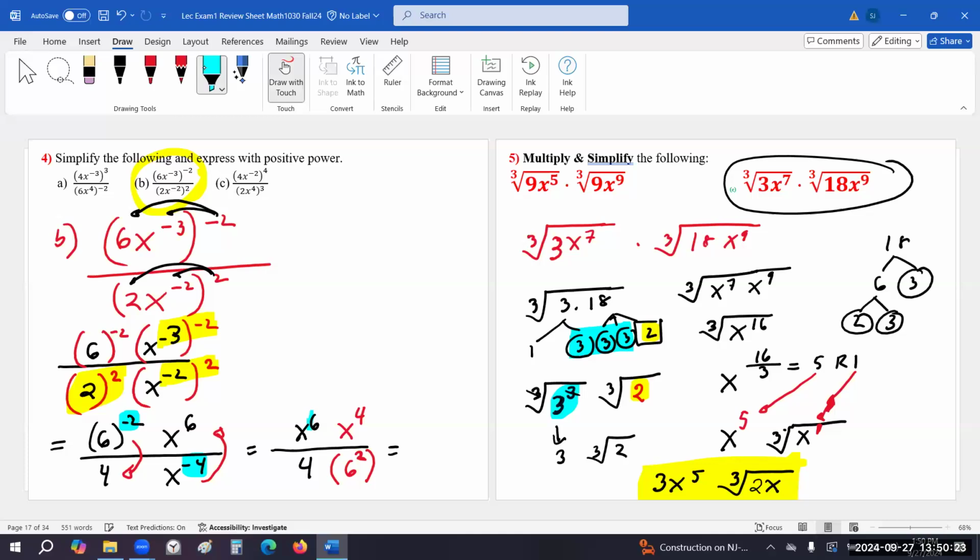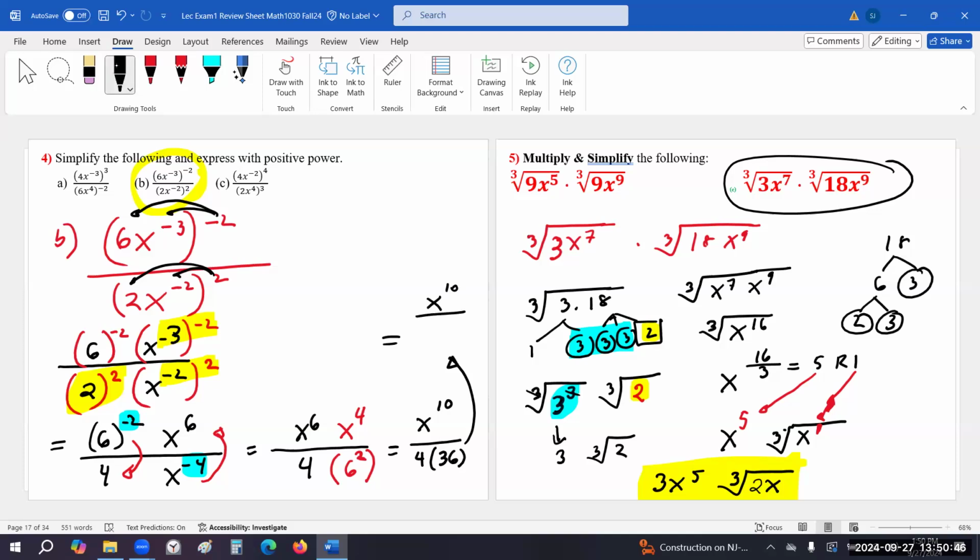Okay, now what rule do we have for this? Adding exponents. We add. So what do you have, x to the 10. And on the bottom we have 4 times 36. What is 4 times 36?